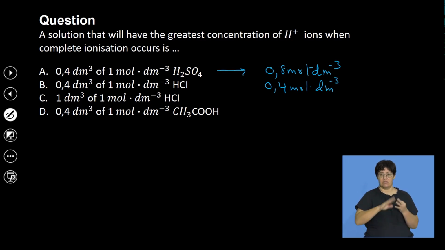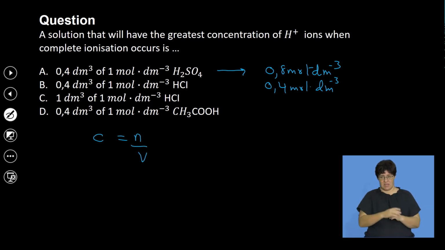The second one will also give us, if we've got 1 cubic decimeter, well, that's the volume. So if we look at the second one, which says 0.4 moles of that, and that's the volume, we know that concentration is equal to number of moles over volume.